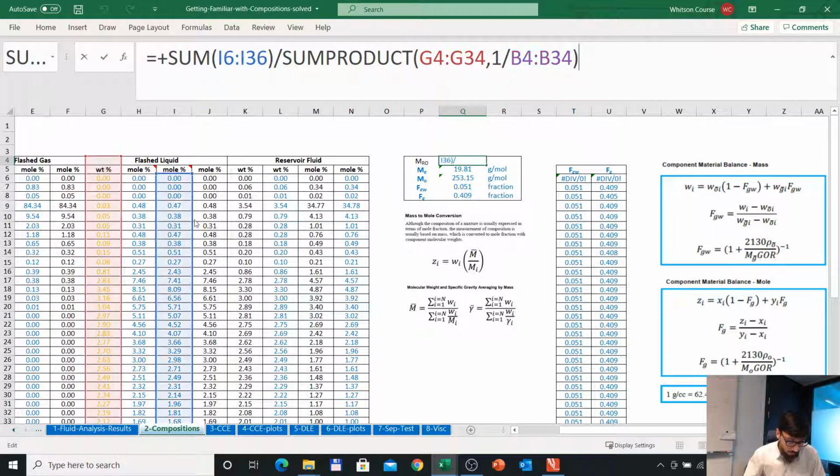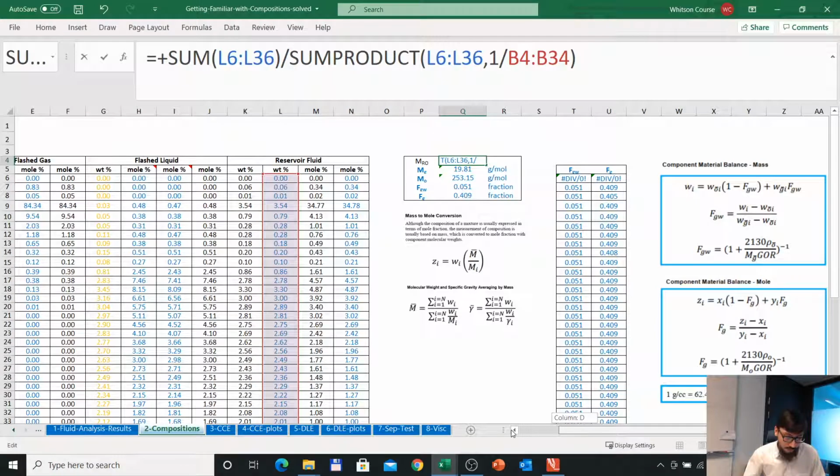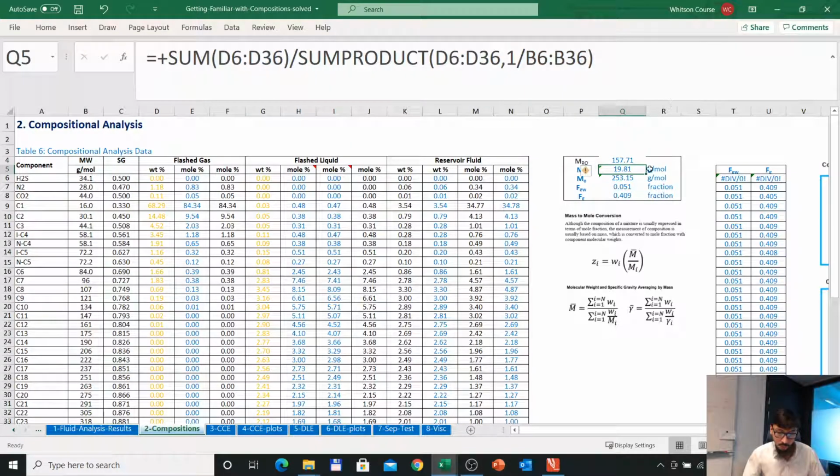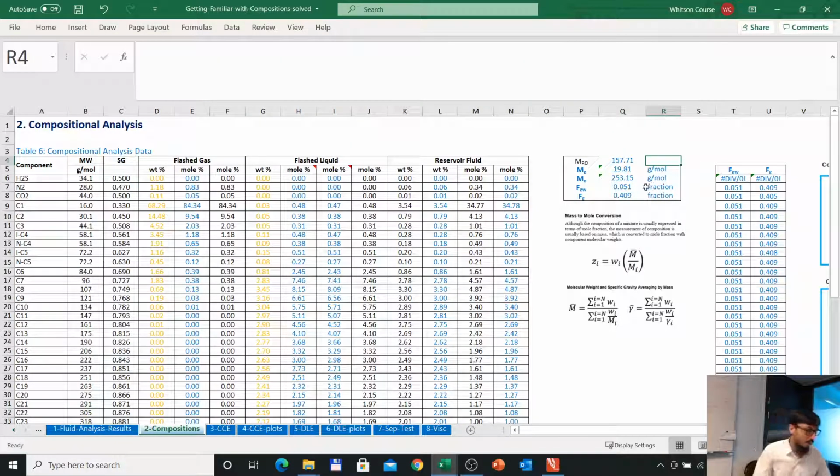So it has to be the mass of this and the molecular weight of, okay, so 157.71 gram per gram mole.